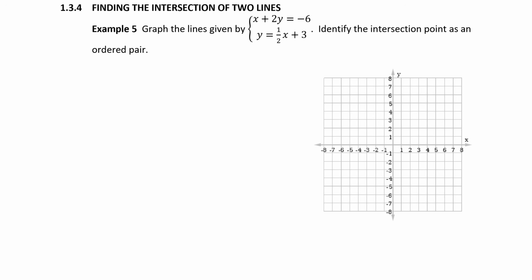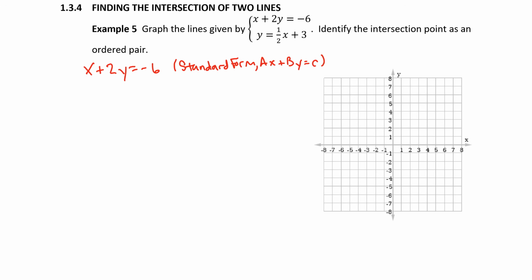Let's start with the first line. The first line is given by x plus 2y equals -6. Notice this is in standard form. That was ax plus by equals c. We learned that it's convenient to graph a line in standard form by finding the x and y intercepts.